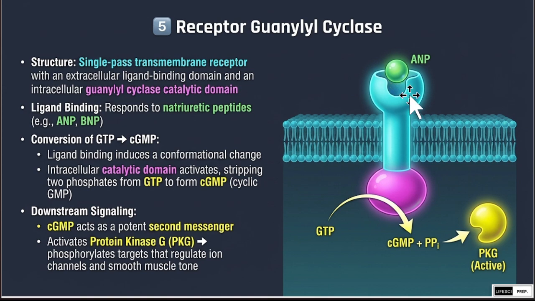After the binding of ANP and BNP, the conformational change occurs and the intracellular catalytic domain is activated. This takes 2 phosphate from GTP and forms cGMP. After the cGMP forms, it acts as a secondary messenger and activates protein kinase G that regulates ion channel and smooth muscles.